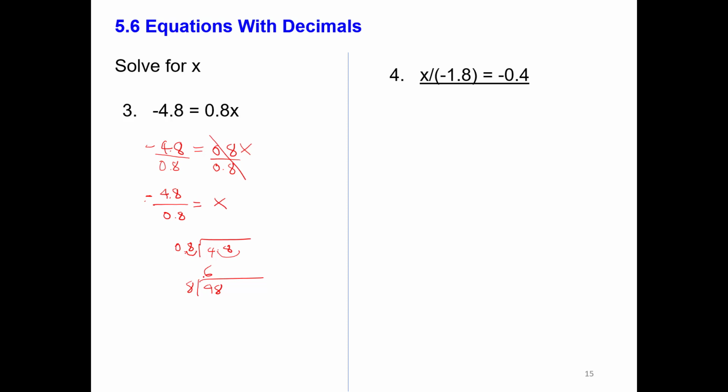Then 6 times 8 is 48, with remainder 0. So 4.8 divided by 0.8 is 6. Now we need to take care of the sign. Negative divided by positive, the answer must be negative 6. The x value is negative 6.